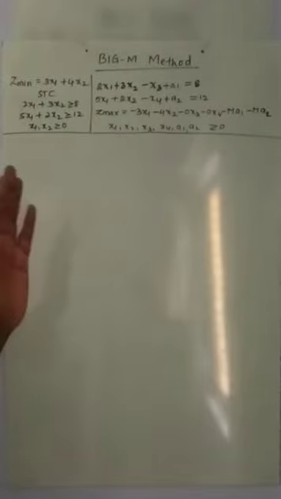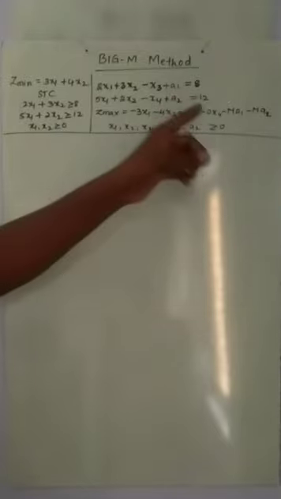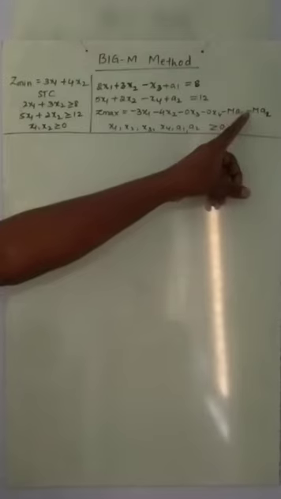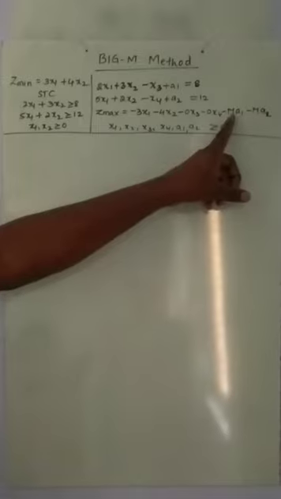But in our simplex method, we don't want negative values in the RHS. Somehow we have to make it positive. So that's why we have added the artificial variables a1 and a2. It will have a small contribution that is represented by minus m. Because of this m only, the method is called the Big M method.